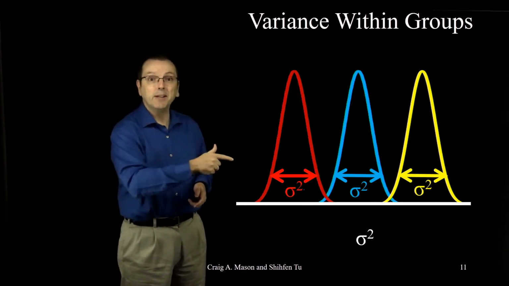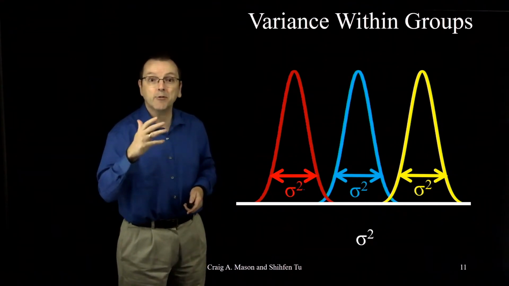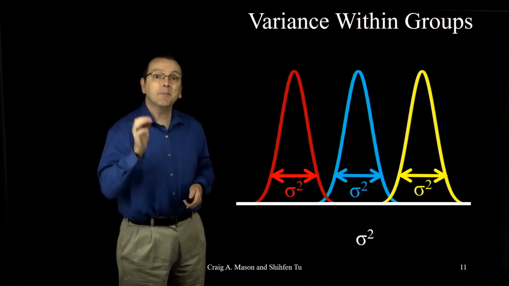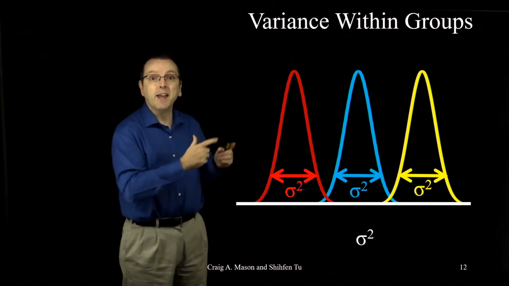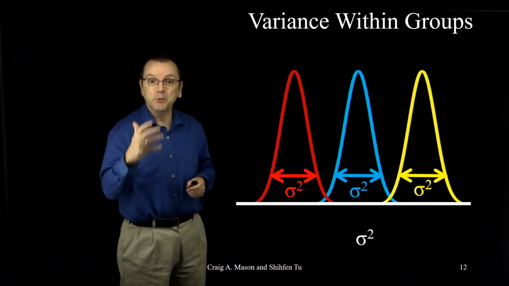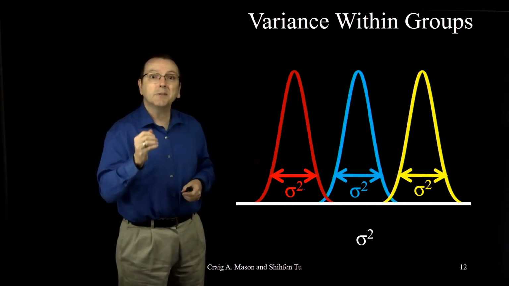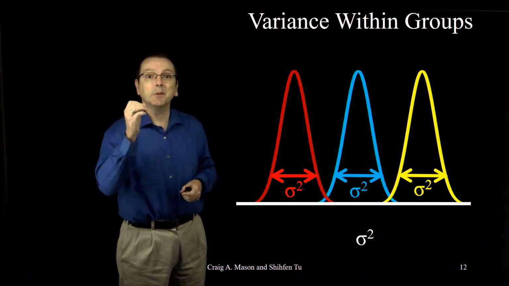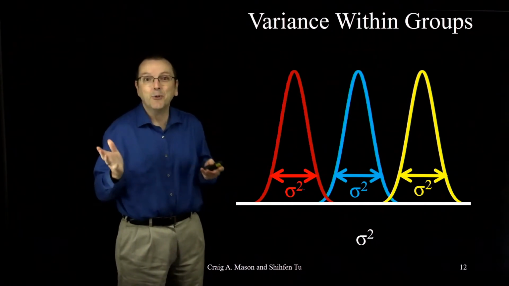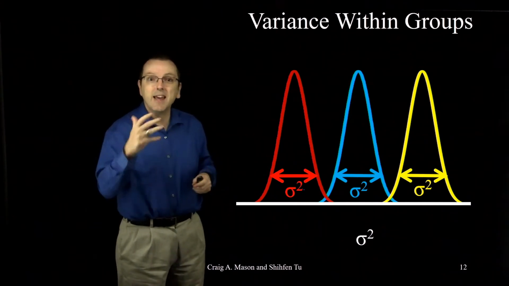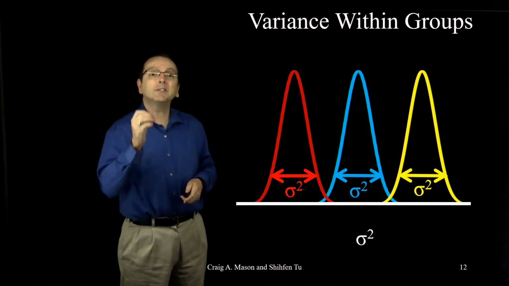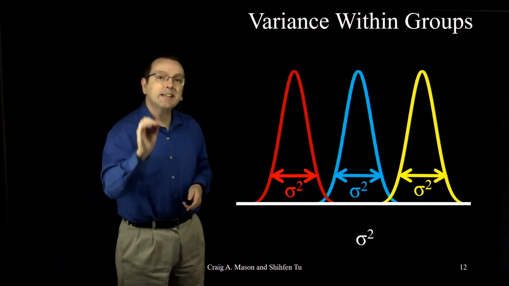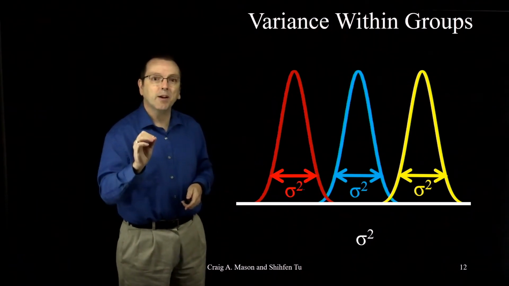The variance for the red sample, s squared for the red sample, is estimating sigma squared. The variance for the blue sample is also estimating the exact same sigma squared. And of course, the variance for the yellow sample is also estimating the exact same sigma squared.